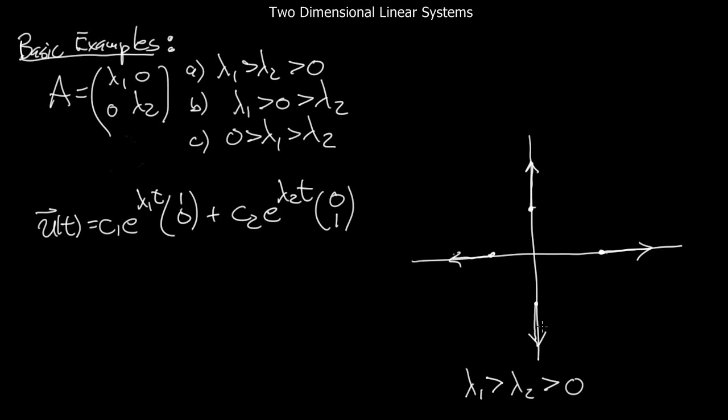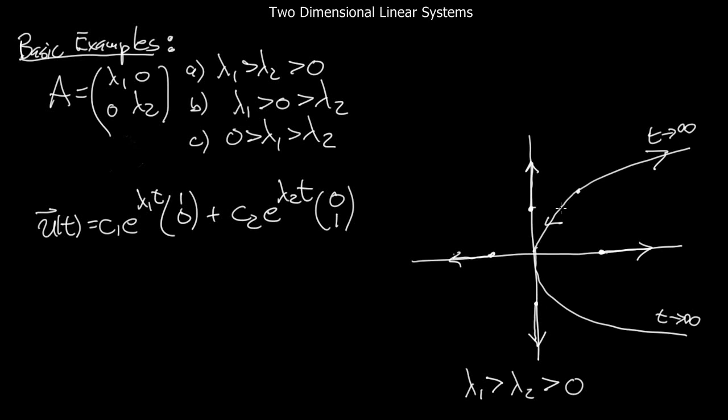And what if you start somewhere not on an axis, like up here in the first quadrant somewhere? Well, both terms are going to infinity, and the x direction is going to infinity faster, so you get a curve which looks like this. And the family of solutions looks like a bunch of curves like this.